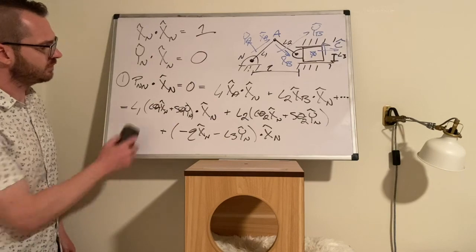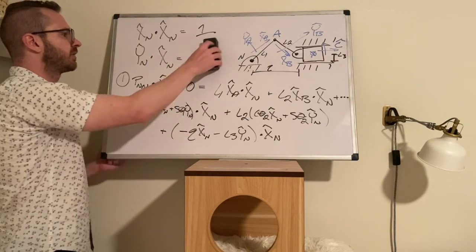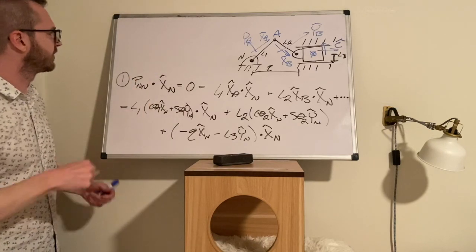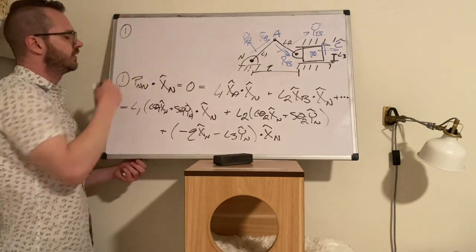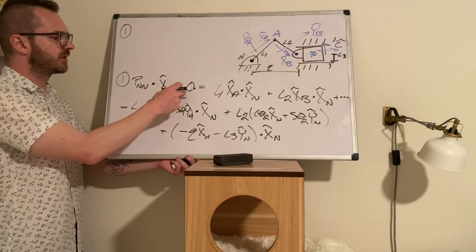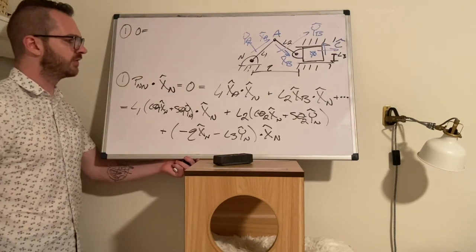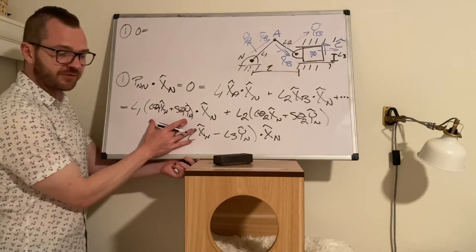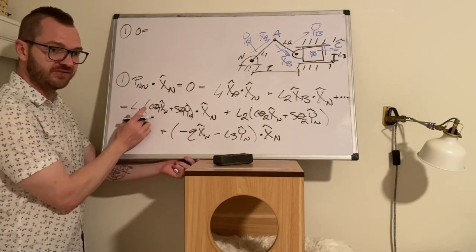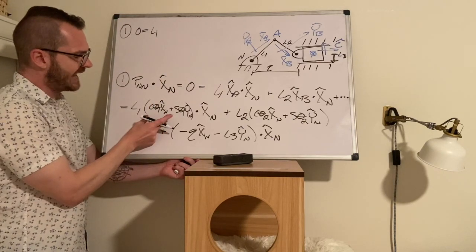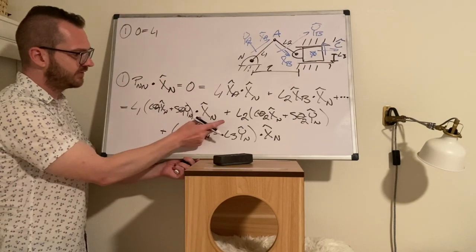So, what's going to happen to this expression down here then? Knowing those dot product rules, here's our equation number 1 again. First thing I'm going to do is bring the 0 up. The equation is still equal to 0. What happens in this first term? Well, there's a distance out front, L1, that does not change. We have an x hat N component, and it's xN being dotted with xN.